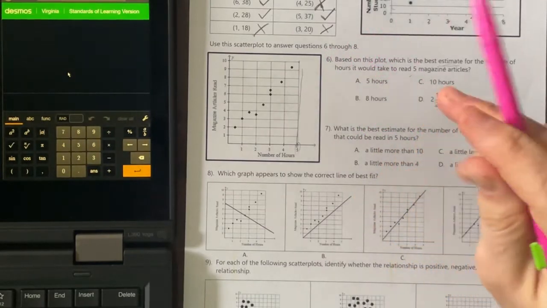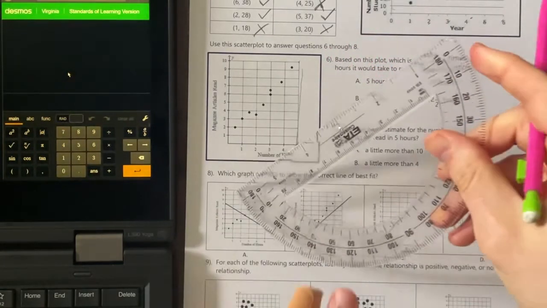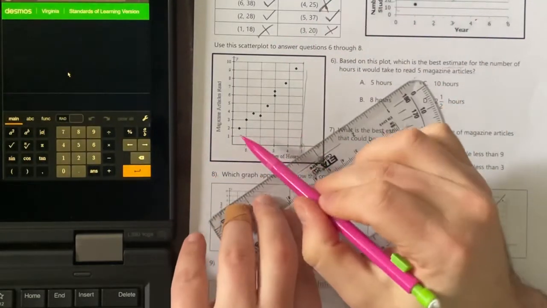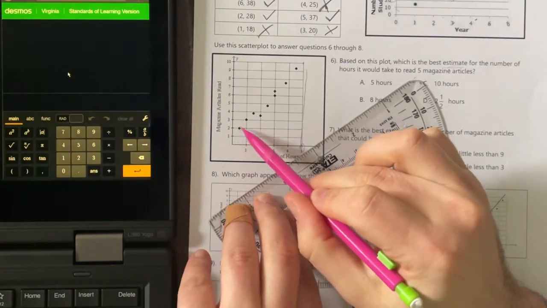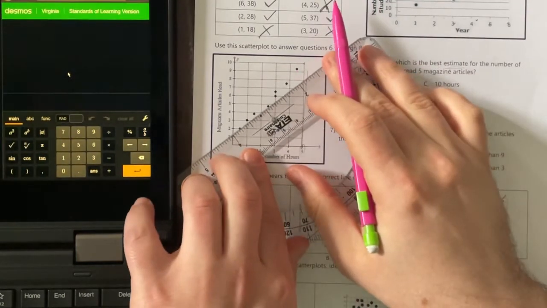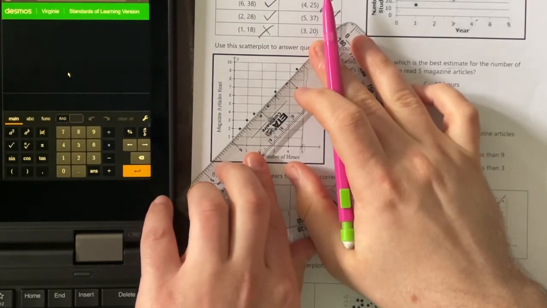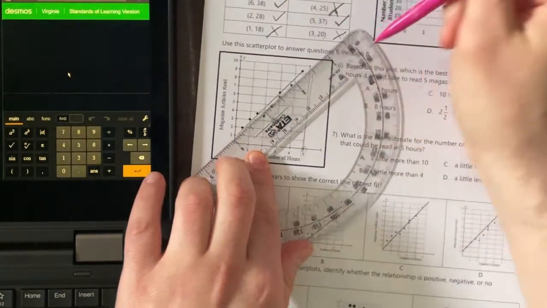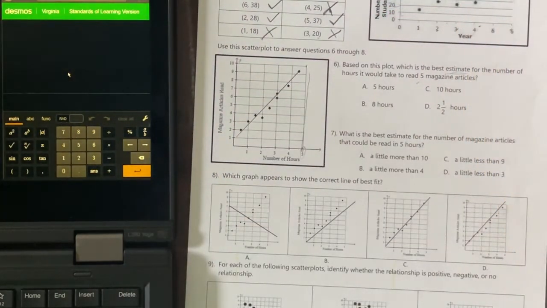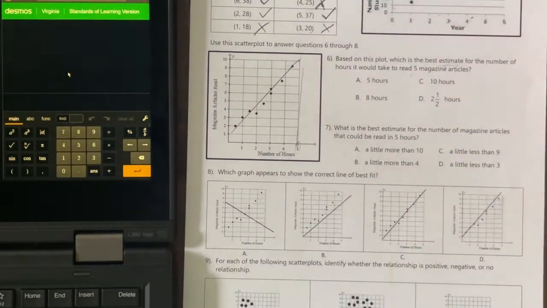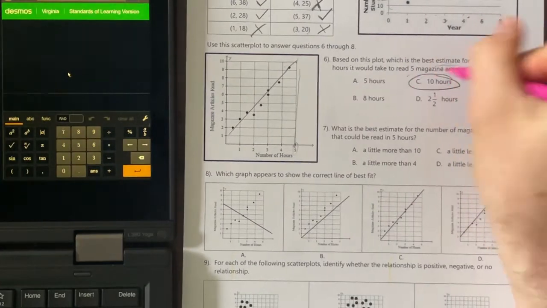Again, you can draw that line of best fit. Usually you try to have an equal number above and an equal number below. So let's count how many we have. We got 1, 2, 3, 4, 5, 6, 7, 8, 9. Let's have about 4 above and 4 below. Sure, something like that. And if it connects out, I'd have about 10 hours is probably the best estimation.